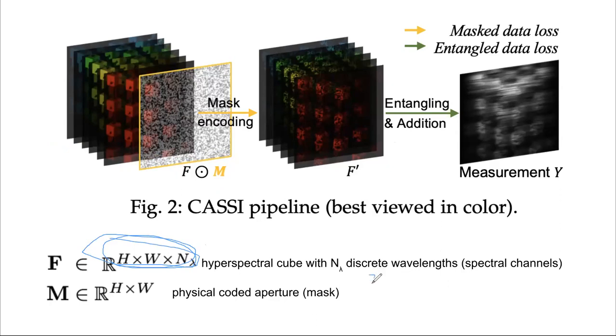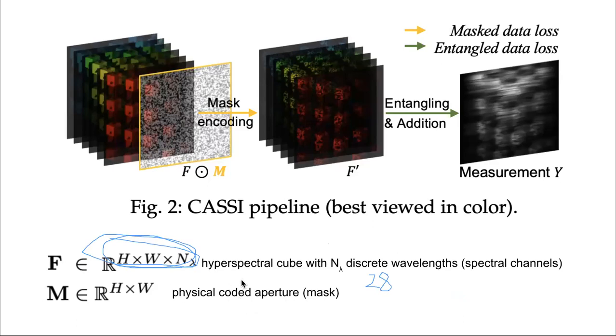Specifically, in the dataset in this paper they have 28 wavelengths. In RGB we have only 3, right? So they have 28. And the mask is a physical coded aperture.